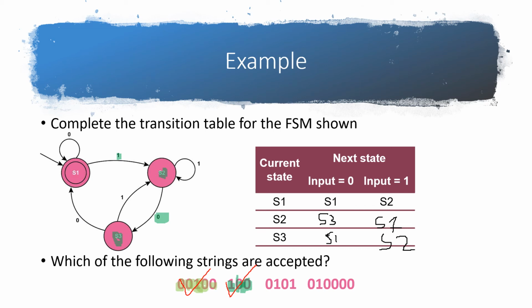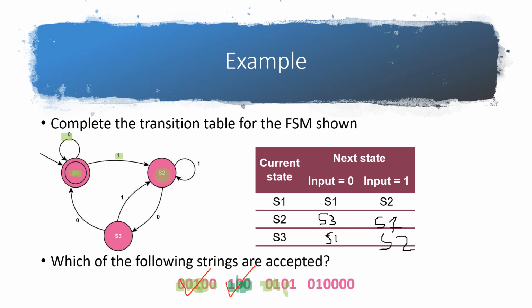Right. So if we have a look at the next one, let me just rub these out. If we've got a 0, then we're going to stay on S1. So S1 and the 0, we're going to stay. So the next one then is a 1. That's going to make us move from S1 using that transition there and be on S2. Okay.